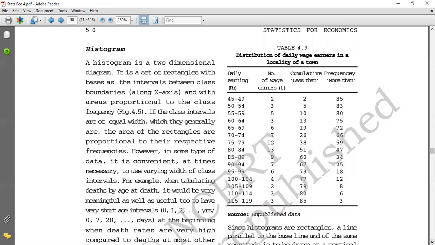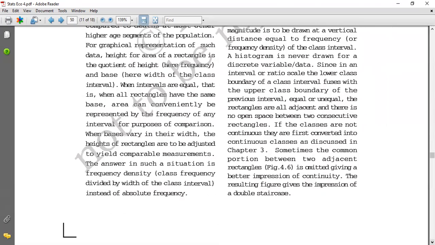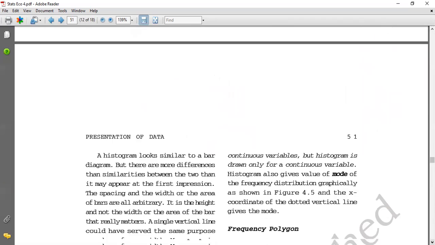The height or length of each rectangle shows the frequency of the class, and the breadth indicates the size of the class interval. Therefore, the total area covered by the histogram represents the total frequencies. An example of the histogram is also given here.